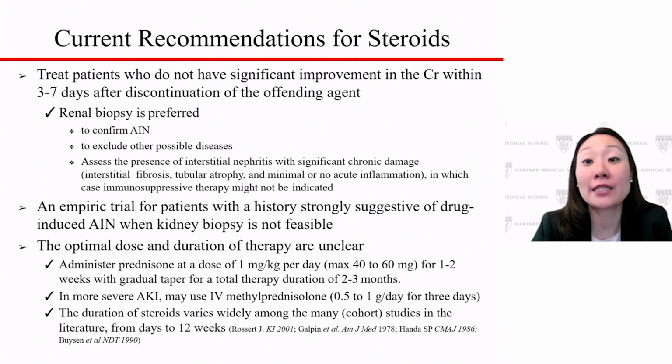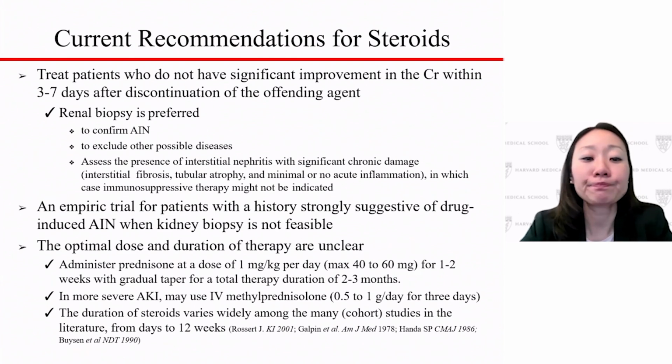A renal biopsy is preferred for several reasons: to confirm the diagnosis of interstitial nephritis, to exclude other possible diseases, and to assess the presence of interstitial nephritis with significant chronic damage. In which case, if there is significant chronicity to the interstitial nephritis, it may be that immunosuppressive therapy may not be indicated in those cases.